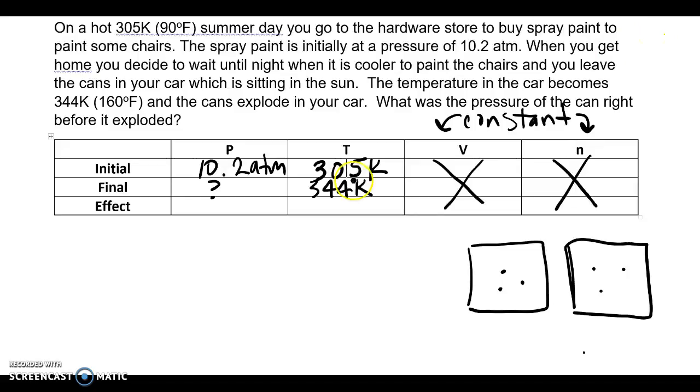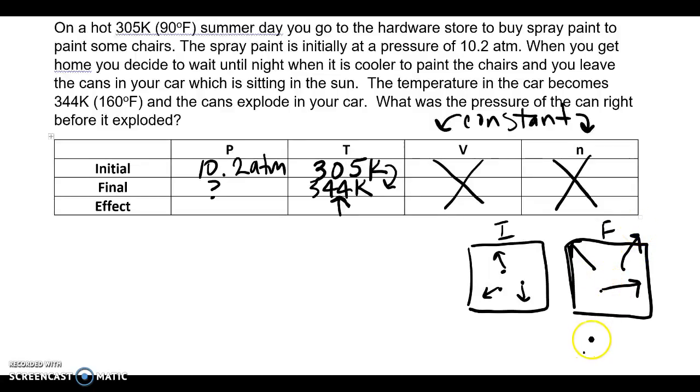And as temperature goes from initial to final, temperature is increasing. So if this is initial and this is final, we know that the arrows are going to get longer for this one.